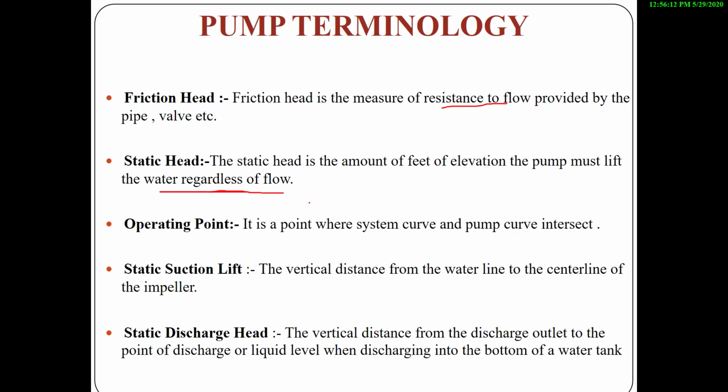The operating point is the point where the system curve and pump curve intersect, called the operating point or duty point. The static suction lift is the vertical distance from the water line to the center line of the impeller. And the static discharge head is the vertical distance from the discharge outlet to the point of discharge or liquid level when discharging into the bottom of a water tank.